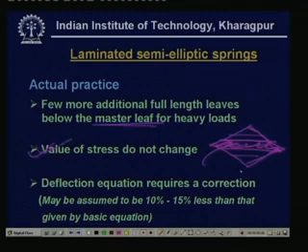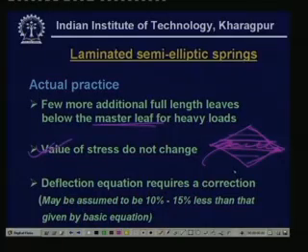Please note that the value of stress does not change, but just by putting some additional full length leaves, the deflection equation changes, it requires a certain amount of correction. Why? You understand, because the stiffness of the spring is changing.